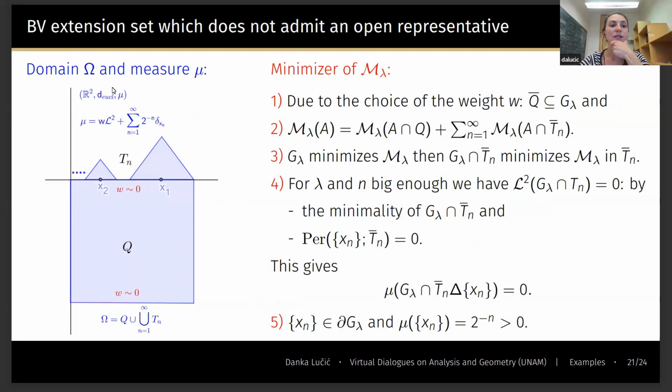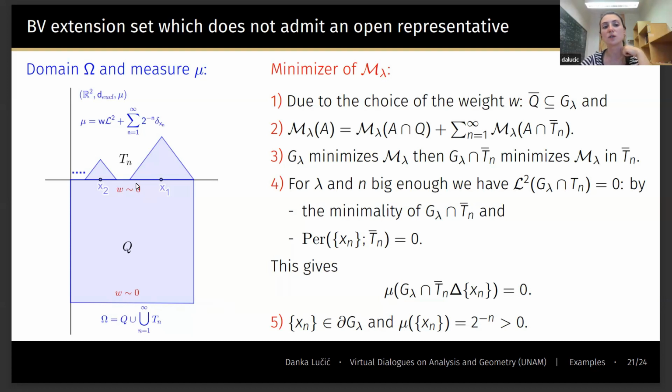So our setting is the Euclidean plane, and now with the following measure mu. Our measure is a Lebesgue measure weighted with this weight, which is 1 everywhere apart near this line and near this line, where it's comparable to the distance to the line.